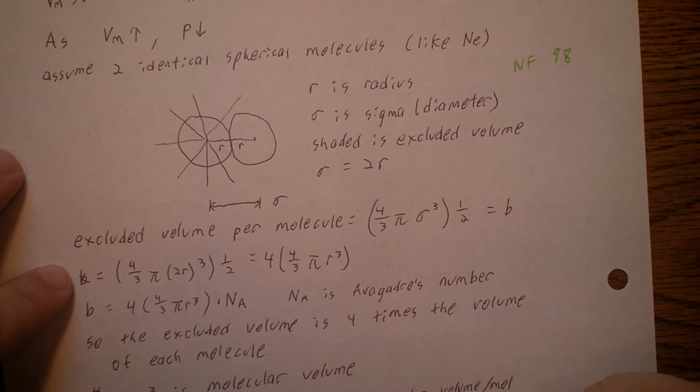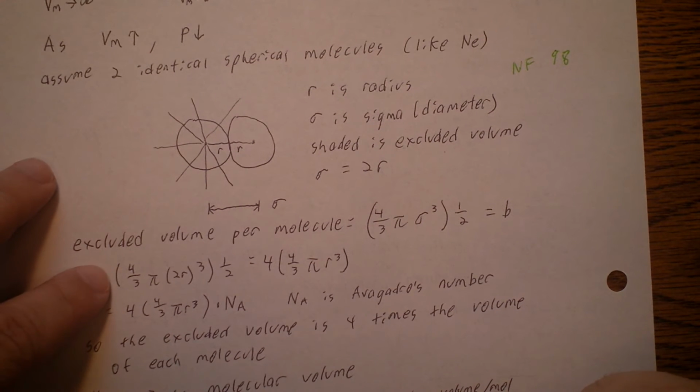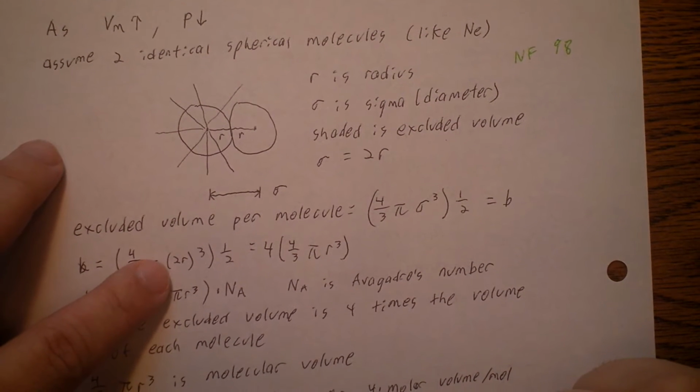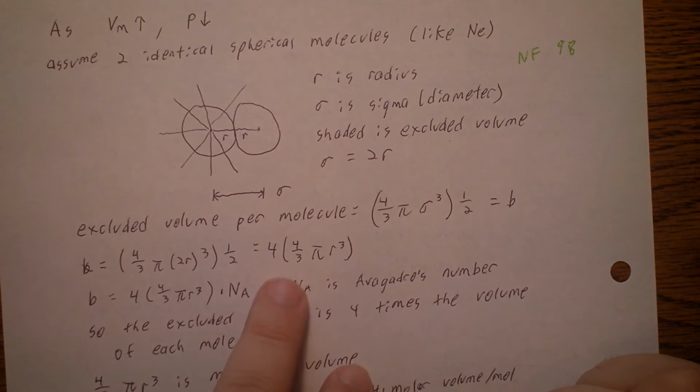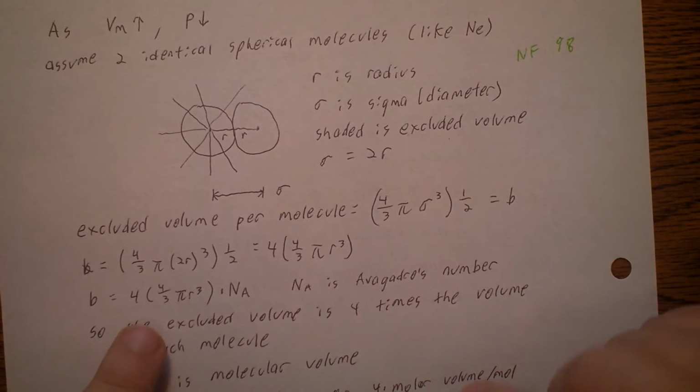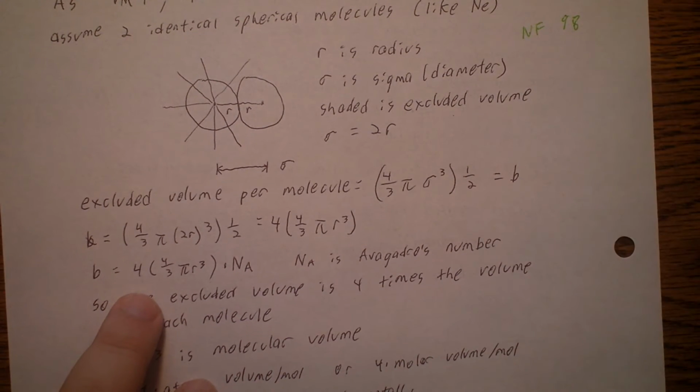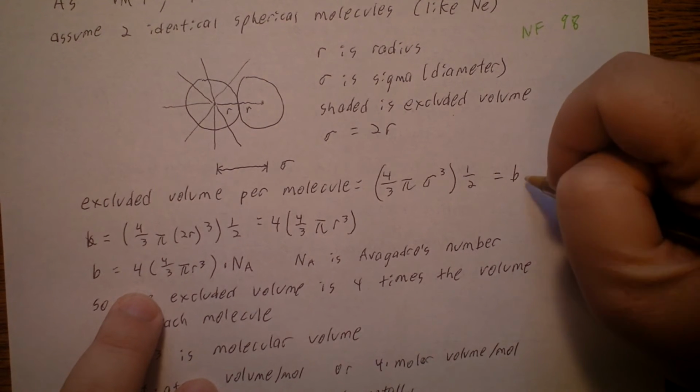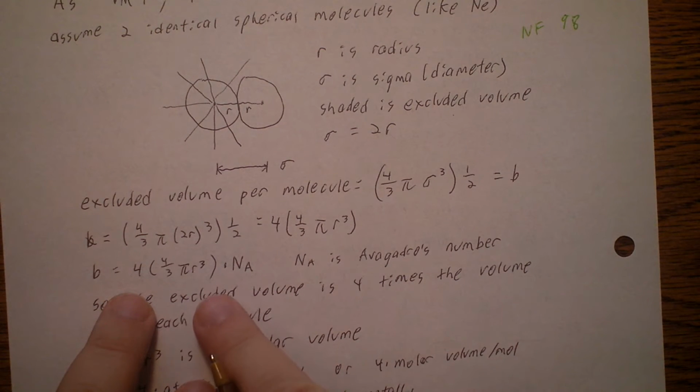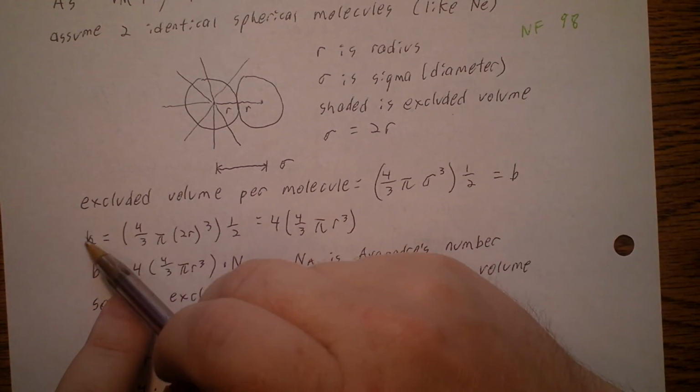So, okay, why did I make such a mess here? So we get 4/3 pi (2r) cubed times 1/2, equal to 4 times 4/3 pi r cubed. Oh no, wait a minute. This is actually, b is all that times Avogadro's number. So that's why I crossed out the b here.